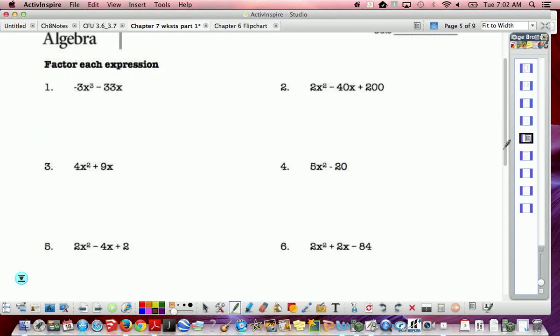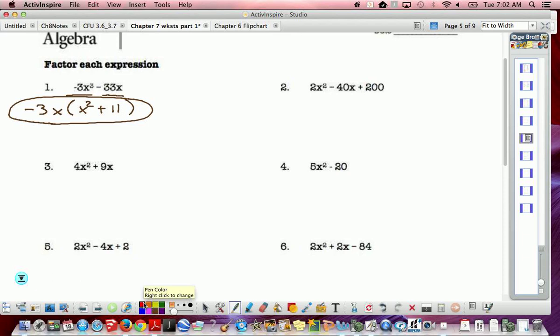Like if I look at number 1, I can ask myself, what does negative 3x cubed and minus 33x share? Well, negative 3 goes into both and they share an x. So when I factor both of those out of each term, I'm left with x squared plus 11. Now, since this is not a difference of perfect squares, you are finished.